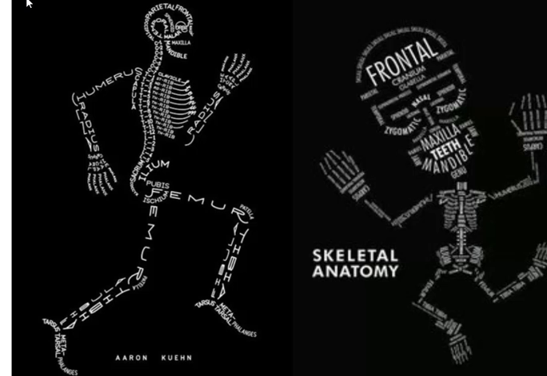Another thing that'll help you learn about the different bones is write them down. Write them down. So here's a kind of a fun thing. Somebody did this one, showing the ilium, the ischium, and the pubis, the femur, the patella, the tibia, and the fibula, the tarsals and the metatarsals, the phalanges.